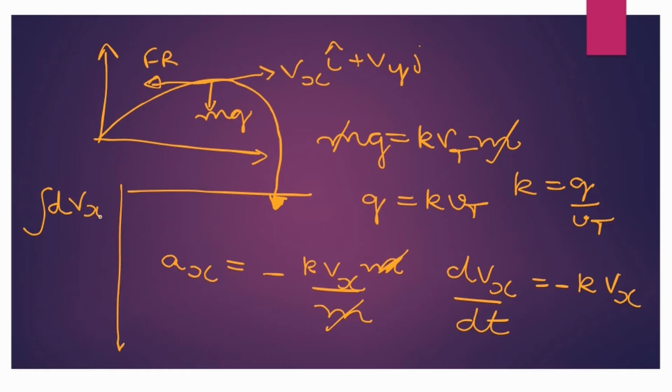So dv_x by v_x is equal to minus k times dt. Now initially, v_x is nothing but u cos theta, and the final v_x becomes v_x. Initial time is 0 and final time becomes t. When you solve this system, you get v_x.